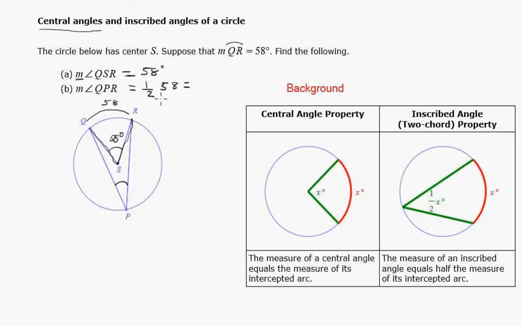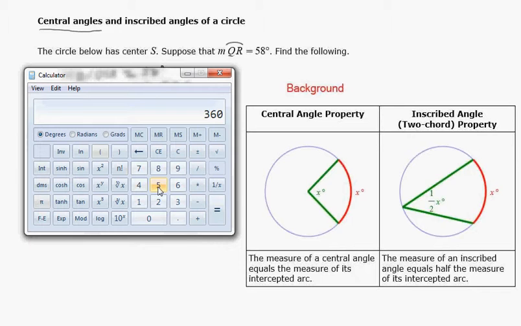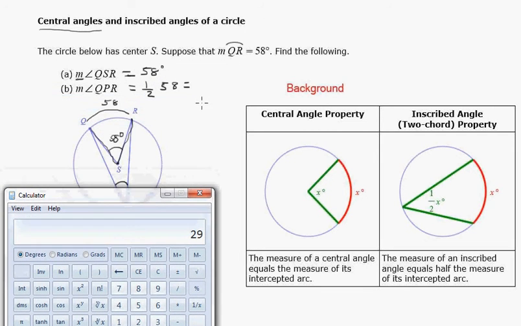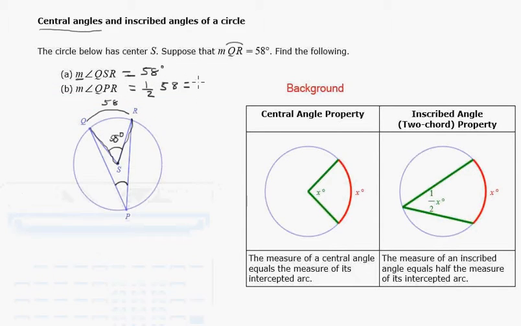You could do it in your head, or you could use your trusty calculator. It doesn't matter once you know the concepts. So I'm going to say clear. 58 divided by 2 is 29. So 29 degrees.